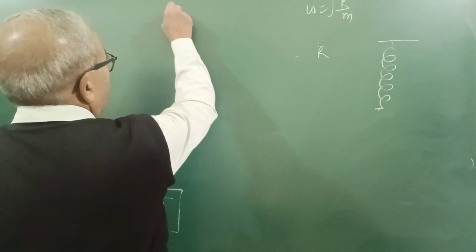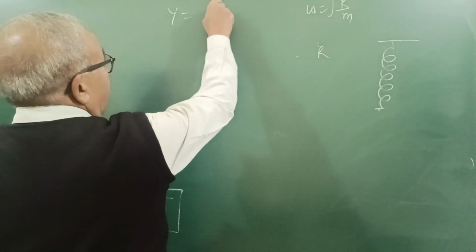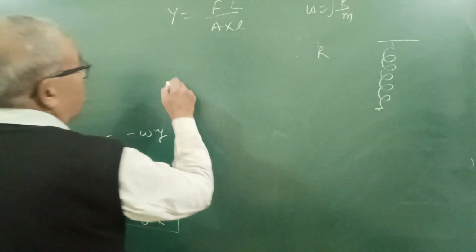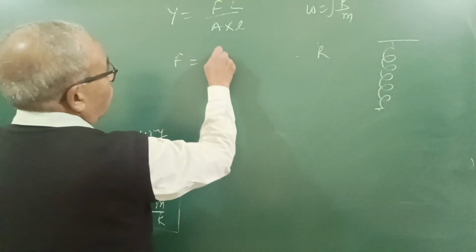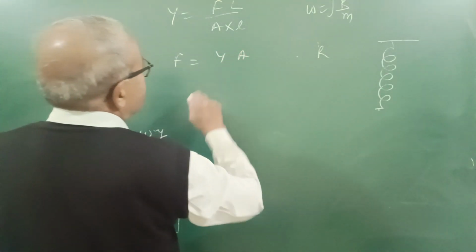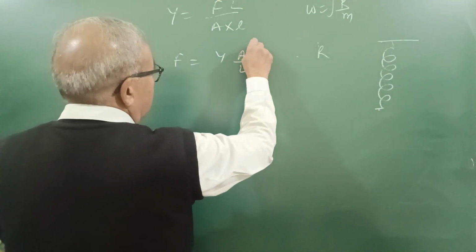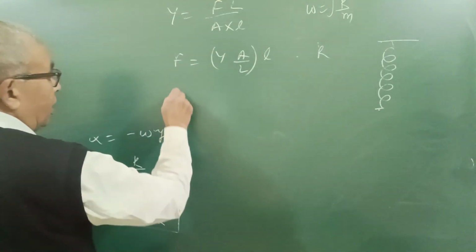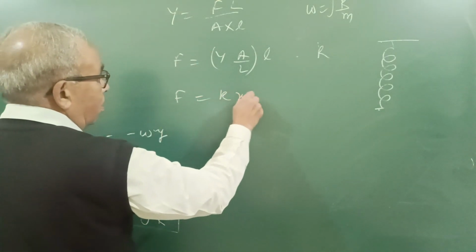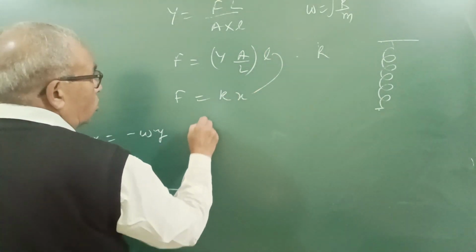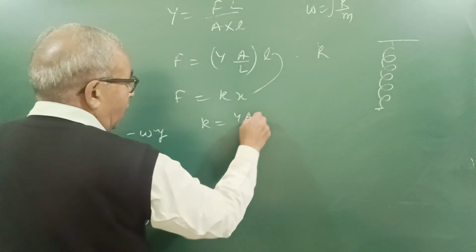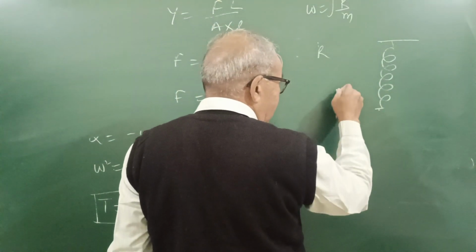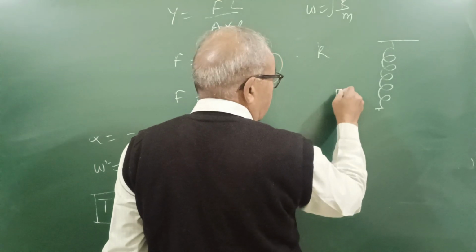Young's modulus is equal to F into L upon A into small l, the increased length, or F is equal to YA upon L into small l. Comparing with F is equal to kx, this is elongation. So here k is equal to YA upon L. A is the area of the wire from which the spring is made.